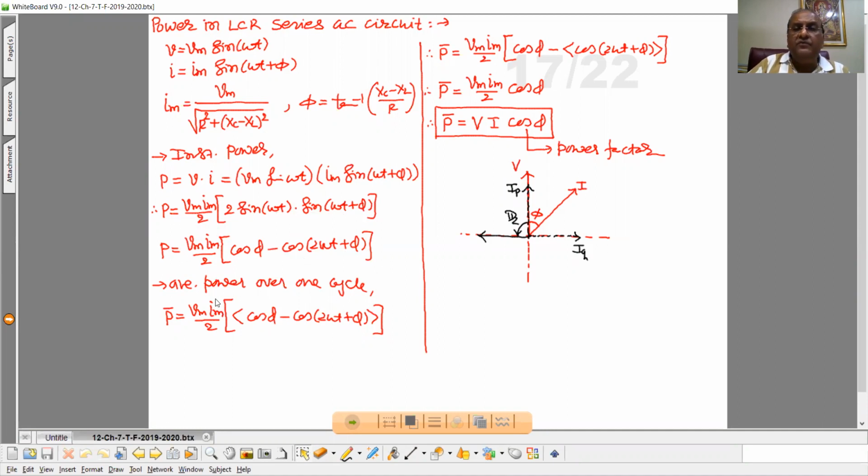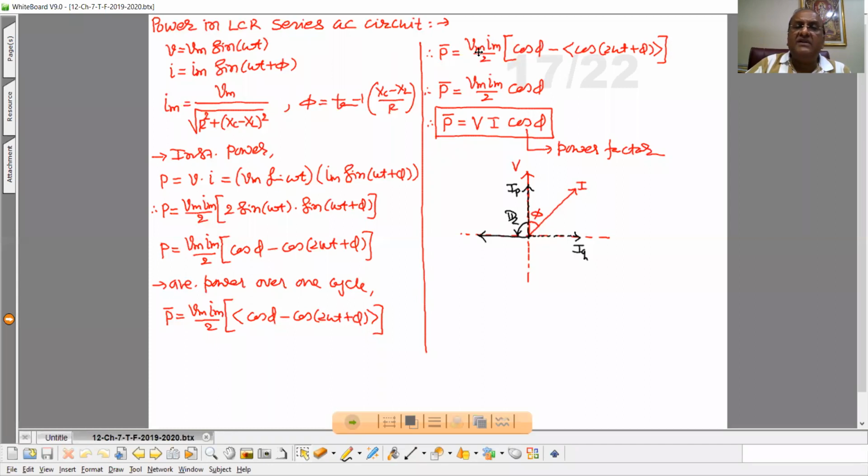But now if you want to calculate average power over one cycle, then we have to take average of this bracketed term. So average power, that is Vm Im by 2, that is constant part. So average of cos phi minus cos (2 omega t plus phi). But this cos phi is also constant in this bracketed term.